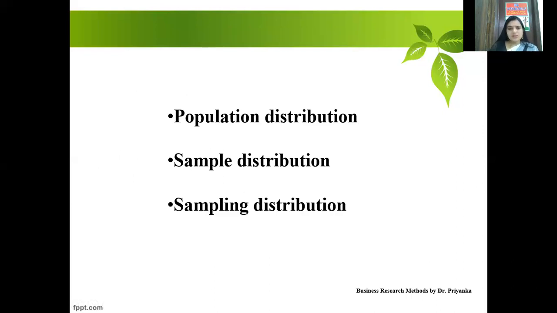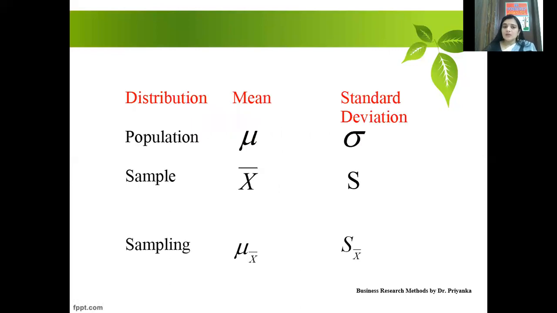Then there are terms, for example, population distribution, sample distribution, and sampling distribution. These are very important while deciding the sample size. We'll be describing them with the help of symbols. These are the symbols used.